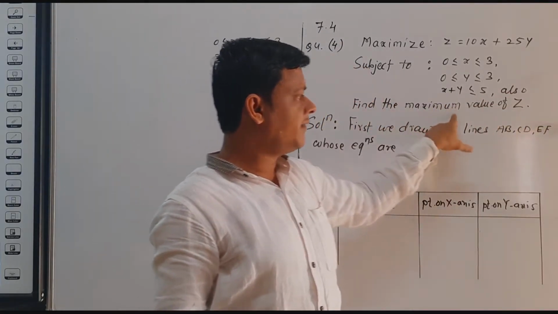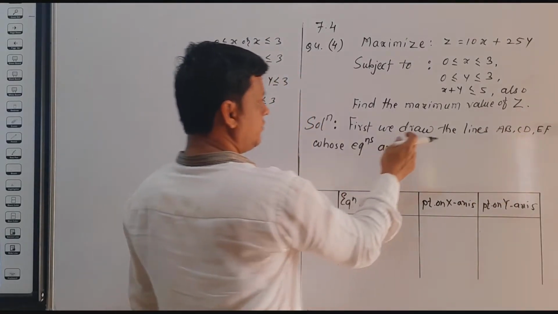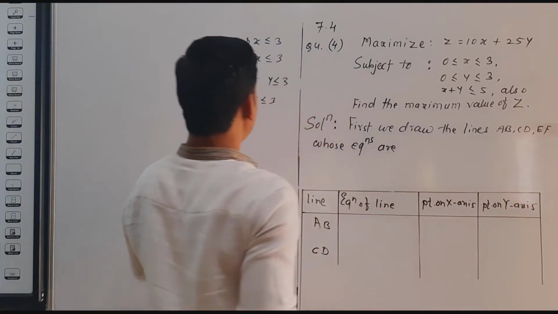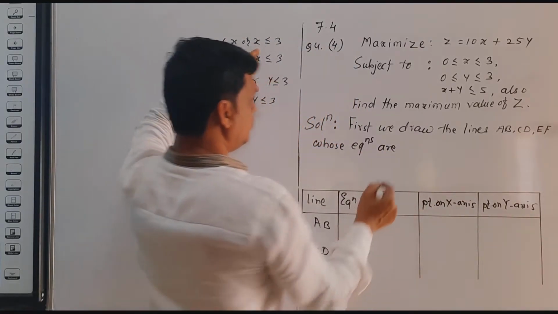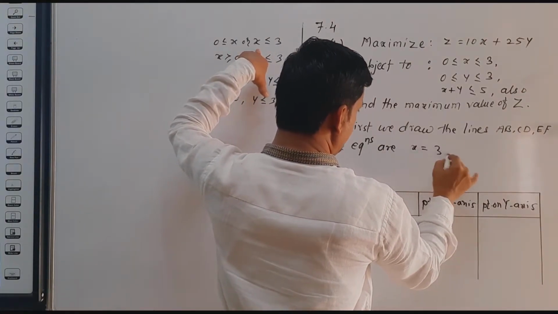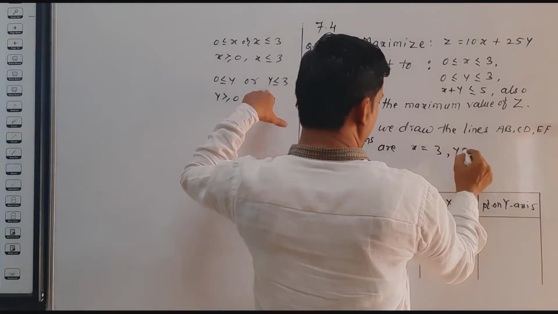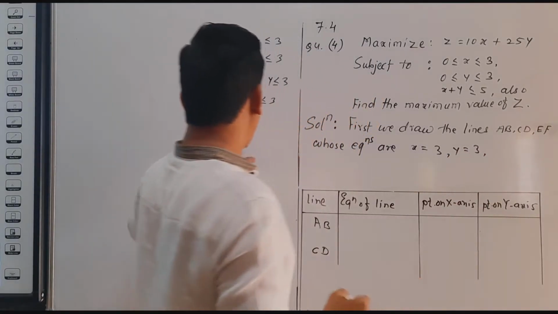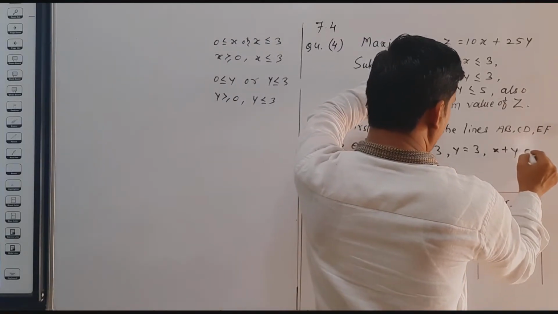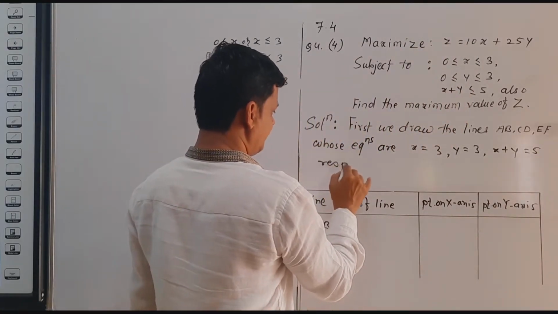Find the maximum value of z. We have to find the maximum value. So first we draw the lines a, b, c, d, e, f whose equations are: from x less or equals to 3 we write the equation as x equals to 3. Then from y less or equals to 3 we write y equals to 3, and from the last inequation we write x plus y equals to 5 respectively.